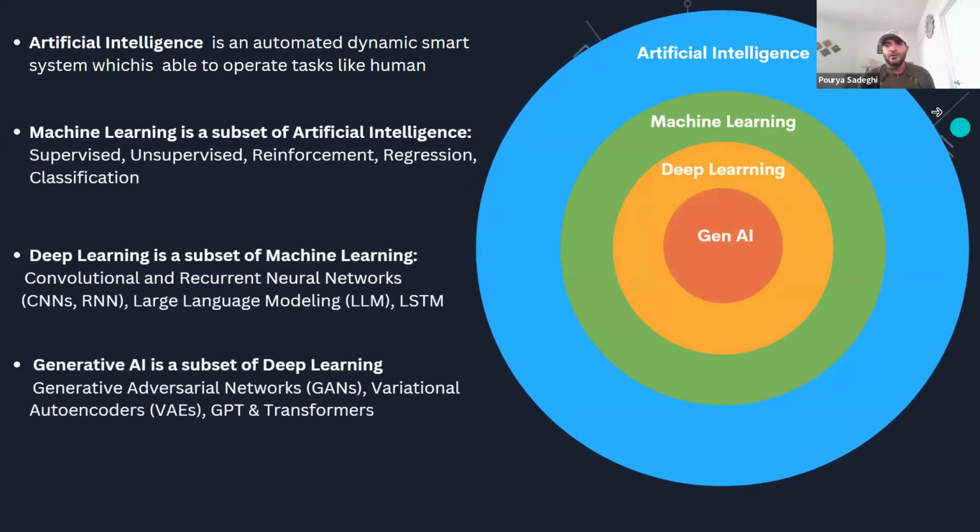Yeah. So when we talk about artificial intelligence, we can say it's an automated, dynamic, smart system which is able to operate tasks like a human, which we always consider as a general concept, right? And then machine learning is a subset of AI, which you might hear about. Definitely in the previous example, you saw all the mathematics and models of AI that Emery and his colleagues talked about, and we almost understand what's going on in there in terms of mathematics.